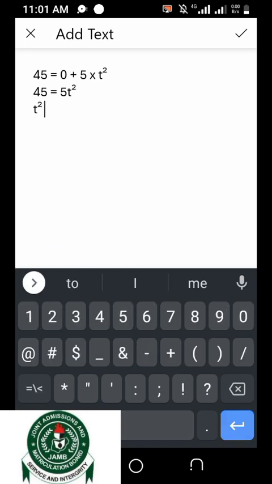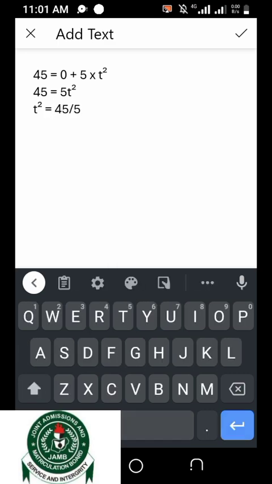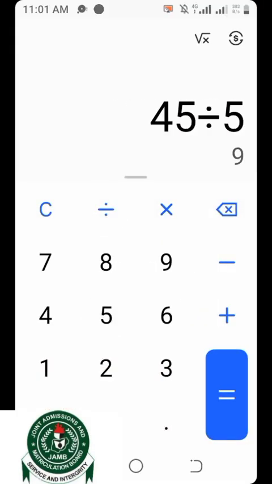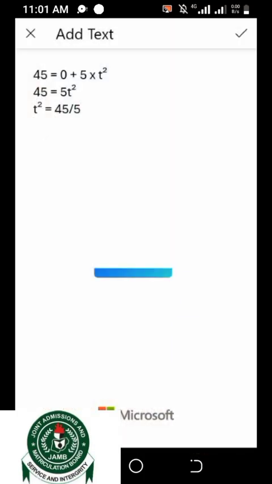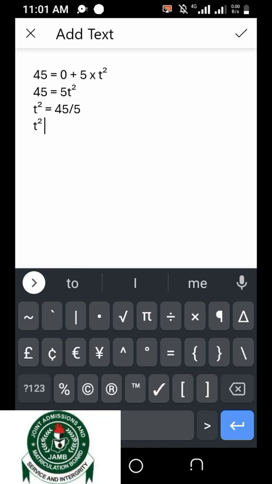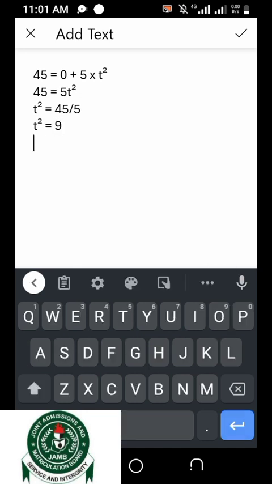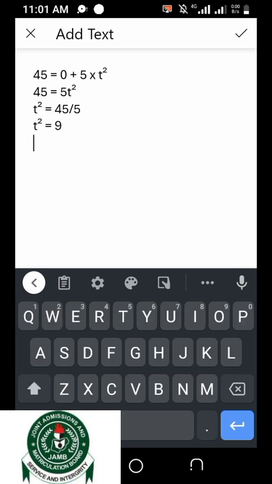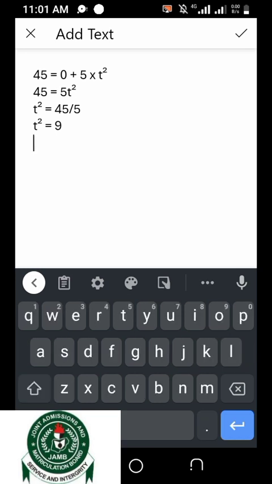So our t squared is equal to 45 divided by 5. 45 divided by 5, we should know that it's 9, right? So we have t squared equals 9. To find t, we have to square root both sides, right?